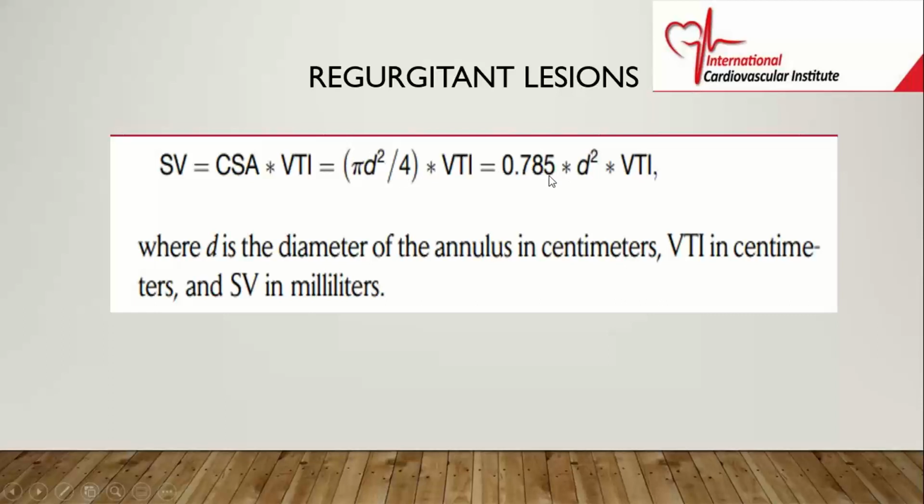So that comes out to 0.785 times d squared times VTI. Okay, and this is a stroke volume across any of the valves. Okay, d is the diameter of the annulus, and of course you have to pay attention to the units. It has to be in centimeters, and the VTI has to be in centimeters as well, and your stroke volume should be in milliliters.